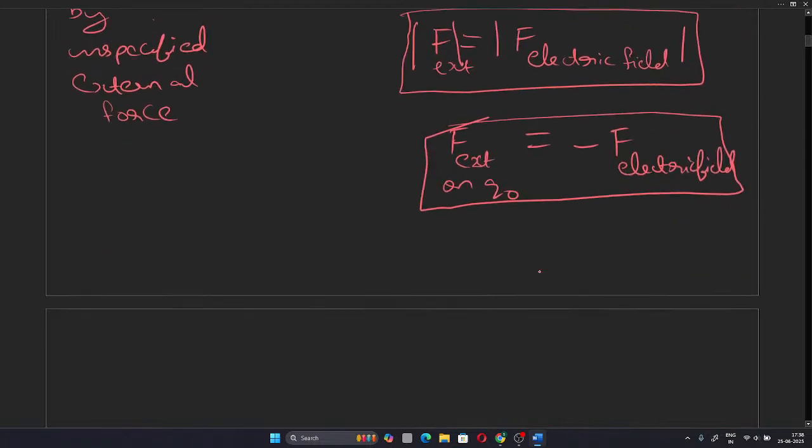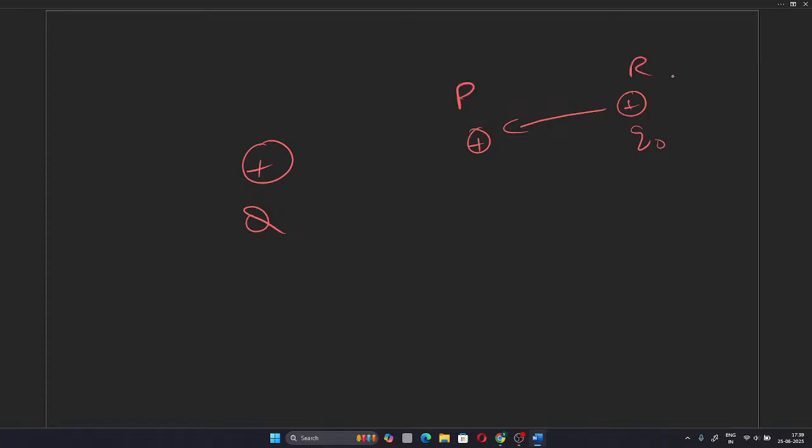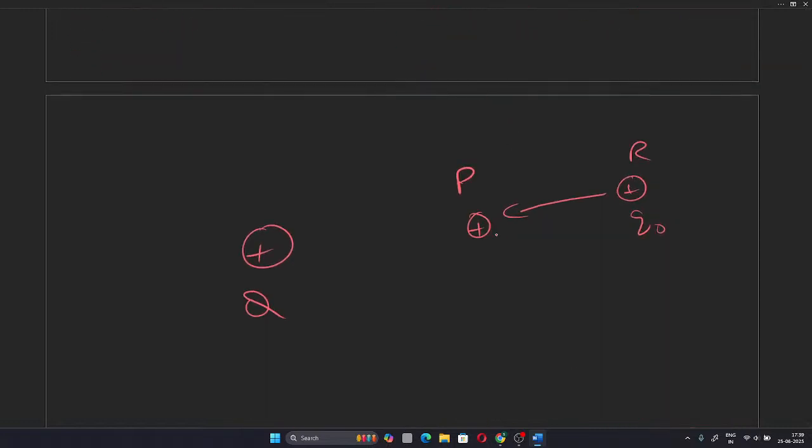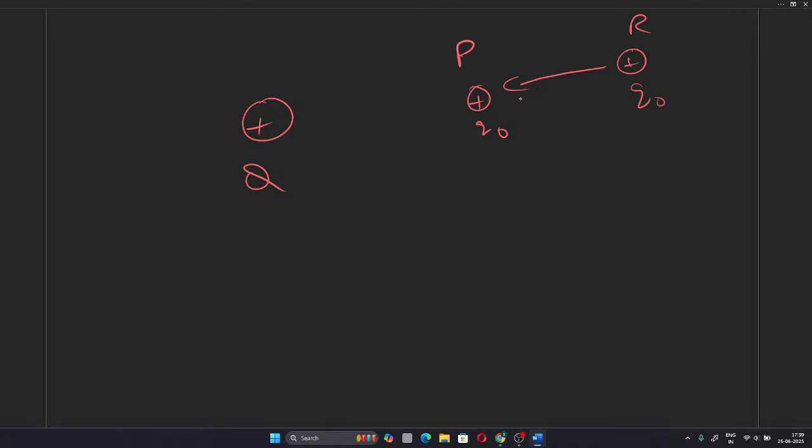And one more thing they mentioned is when we bring this, and this is a distance, work done equals force into distance.